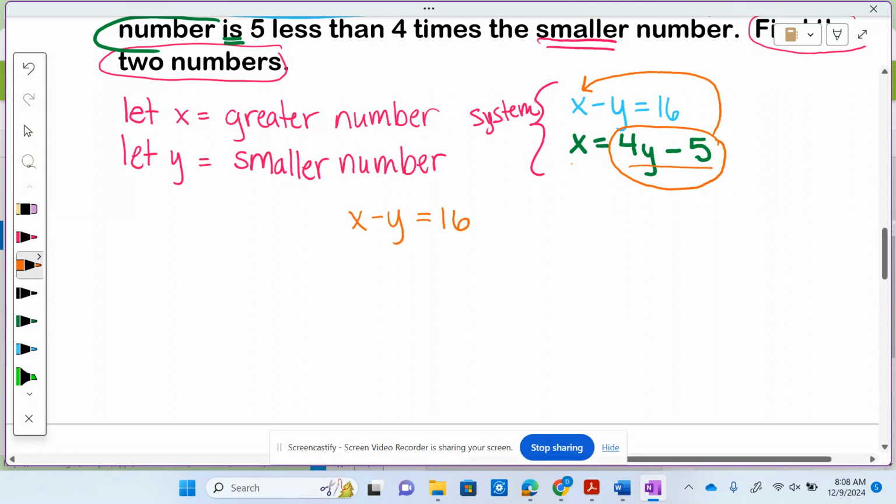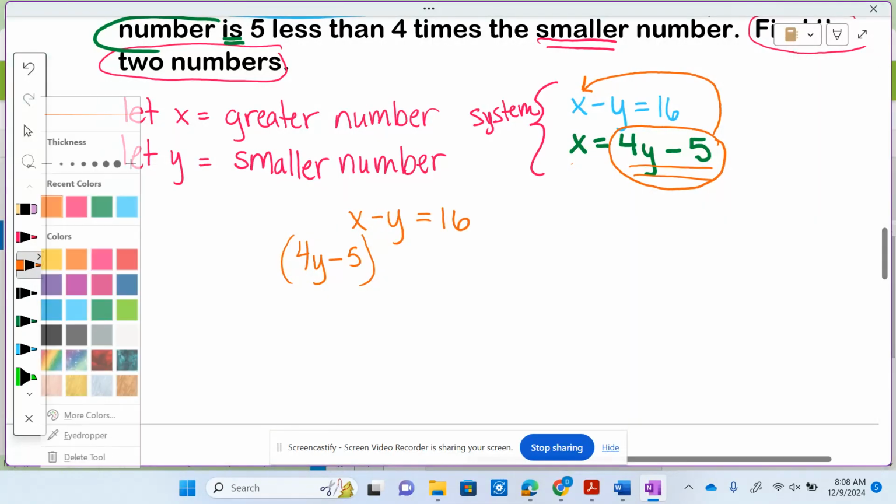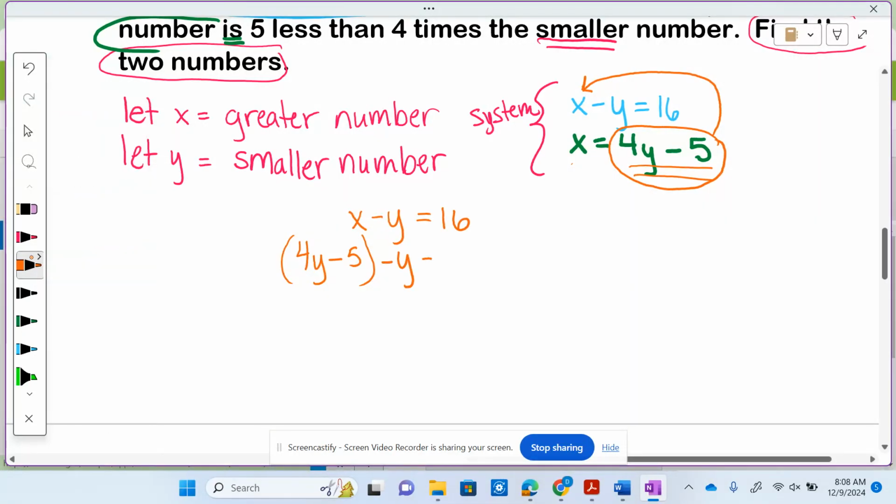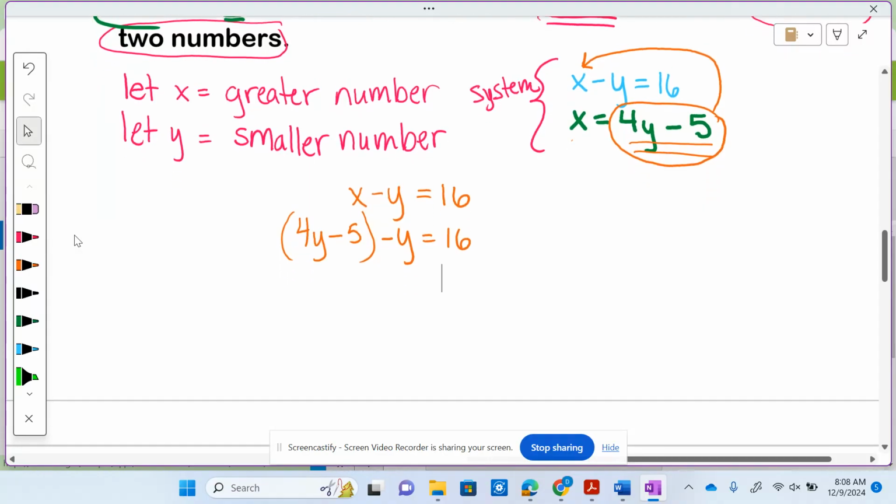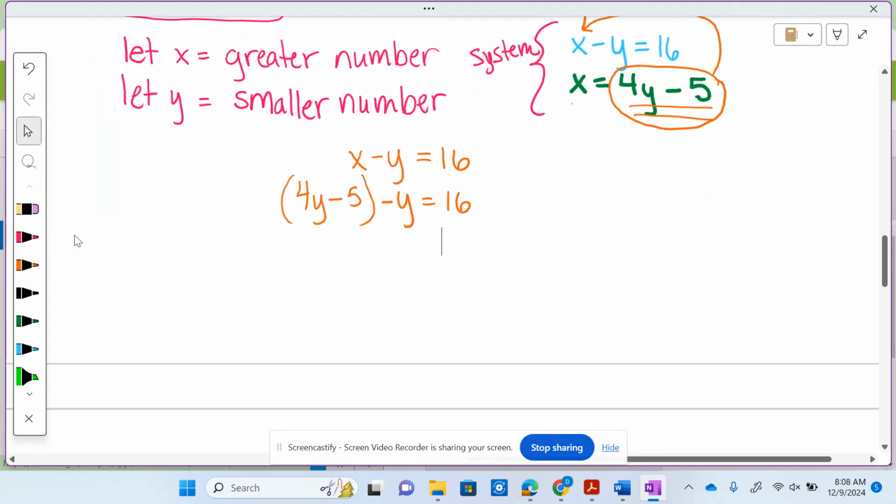But we said that x is 4y minus 5. So I'm replacing x with the expression 4y minus 5, minus y equals 16. What can we do on the left side? Can we combine any like terms? So what is 4y minus 1y? So 3y minus 5 equals 16.